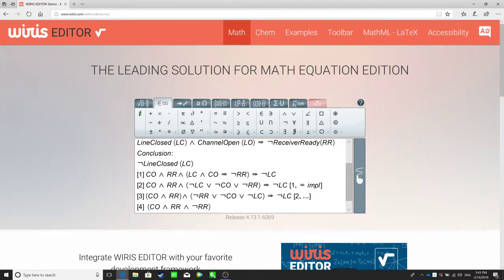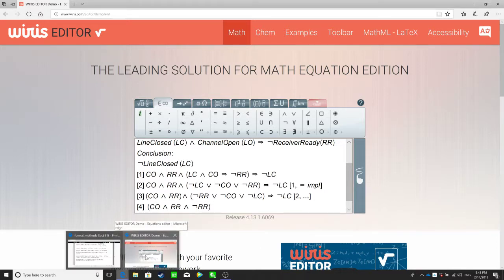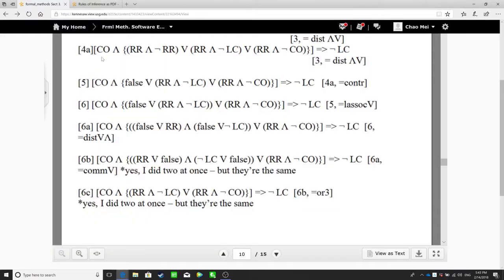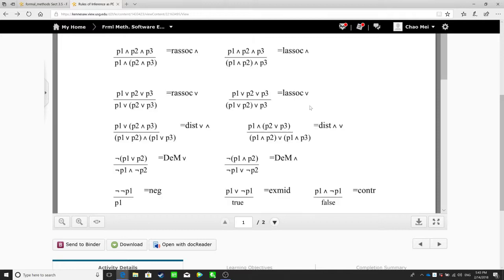follows this is or and. So what is the name of the rule? Let's look at here. What we want to do is we put an and into an or, right? See this distribution?